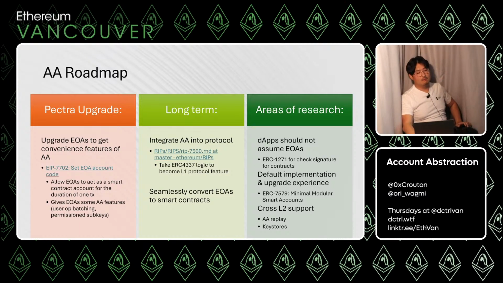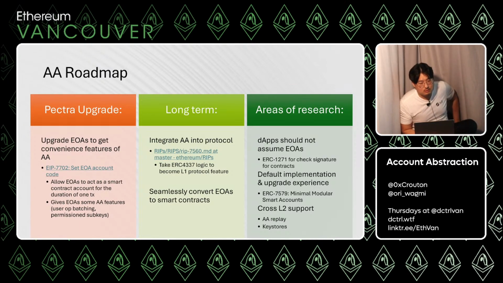Unfortunately, that doesn't work for smart contracts. Smart contract accounts have code size bigger than 0, and they can't do an ECDSA signature. There is a standard, ERC 1271, that allows smart contracts to sign messages. So dApps should start adopting that, and then we'll be happy, and they can stop assuming EOAs.